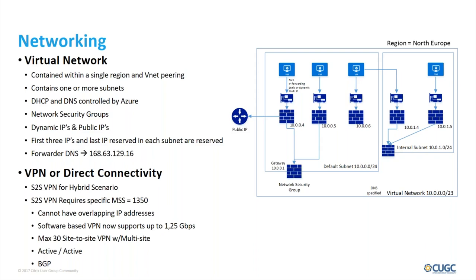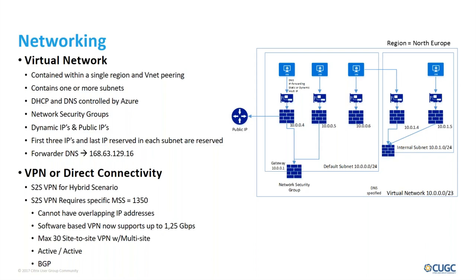Microsoft actually released new software gateways in Azure a month or so ago, which can now provide up to 1.25 gigabytes of throughput. If you want anything higher than that, you need to buy something called ExpressRoute, which is basically buying a dedicated link directly to one or more of Microsoft's Azure data centers.